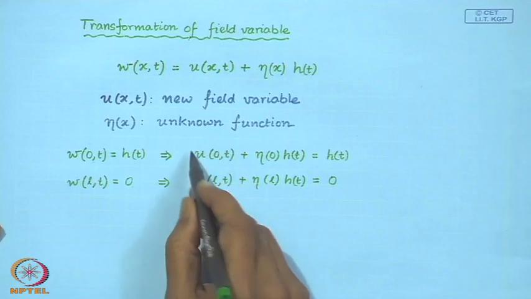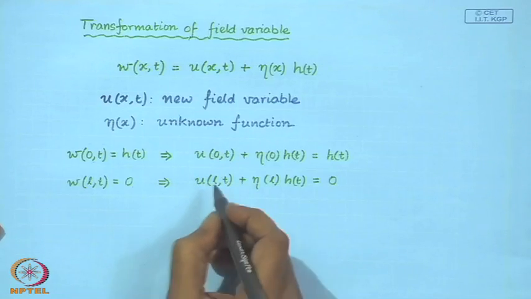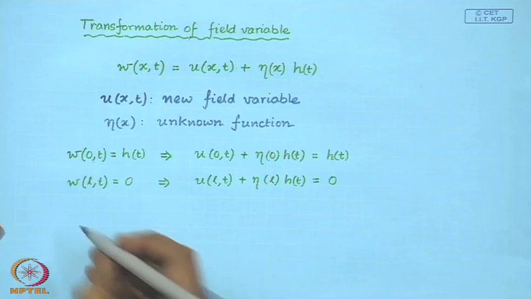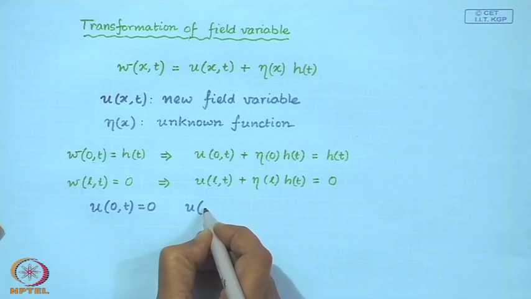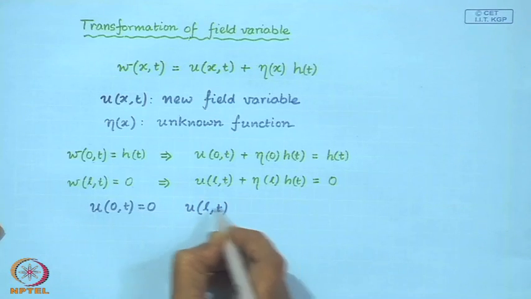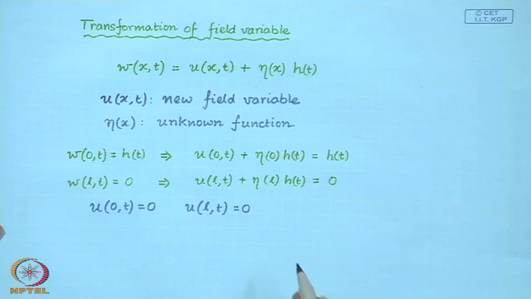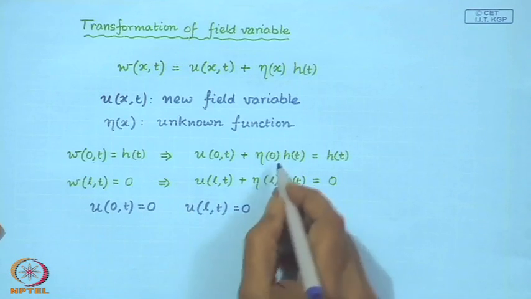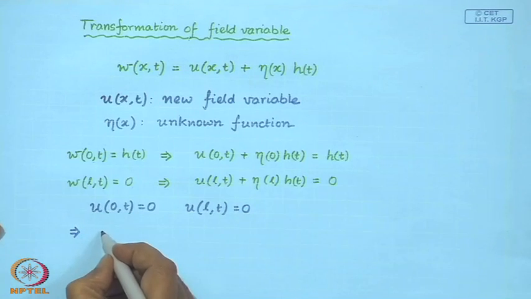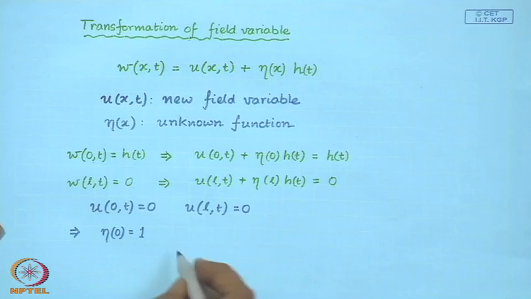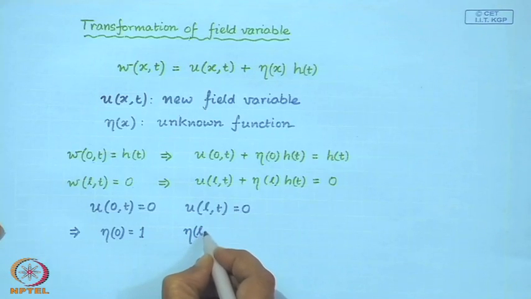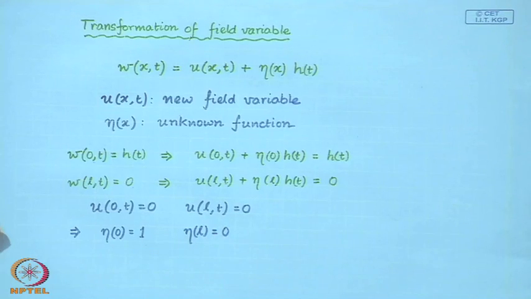Now, we want to have homogeneous boundary conditions on the new field variable, and from these two conditions, therefore, we will obtain conditions on eta, which are: eta at 0 must be 1 and eta at L must be 0.